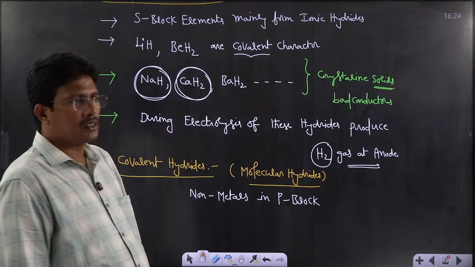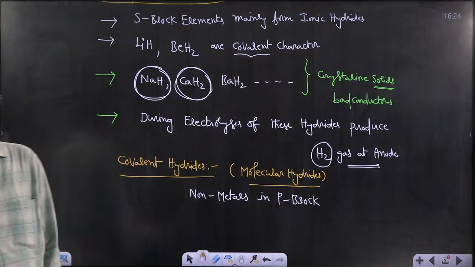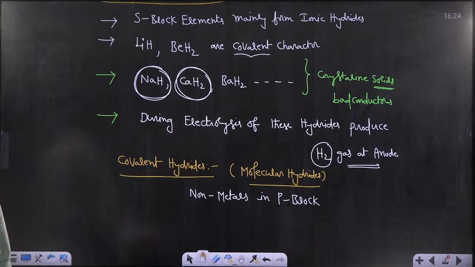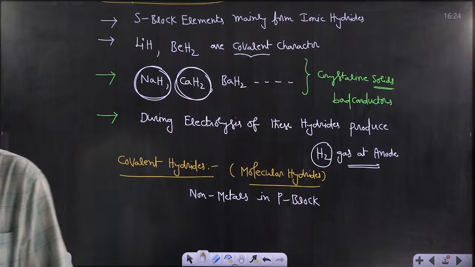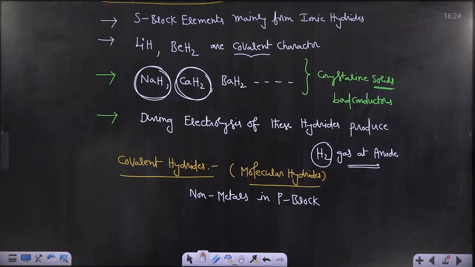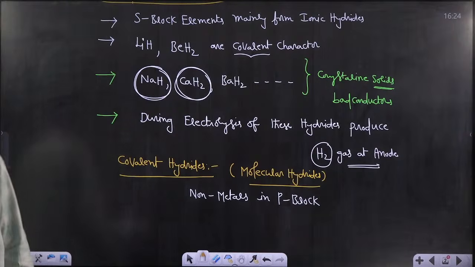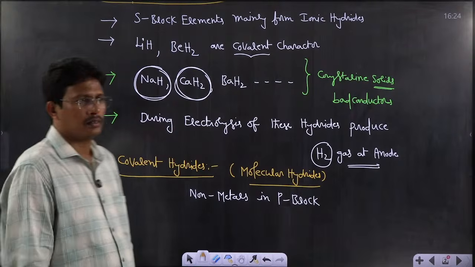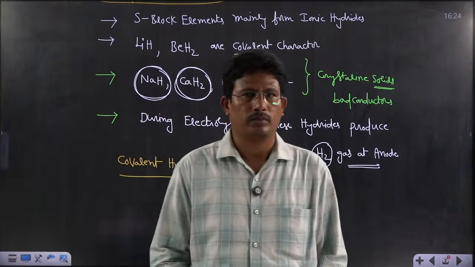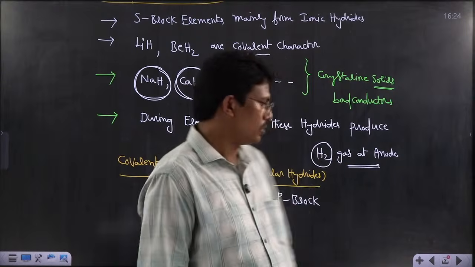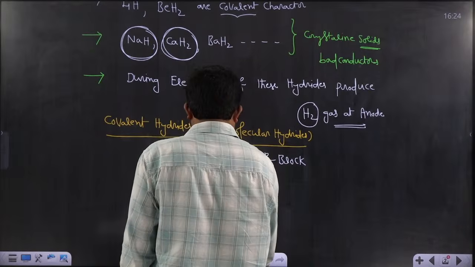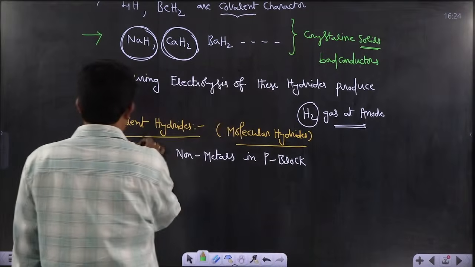Formed by the non-metals present in P block. Okay. These covalent hydrides are again classified into three types.